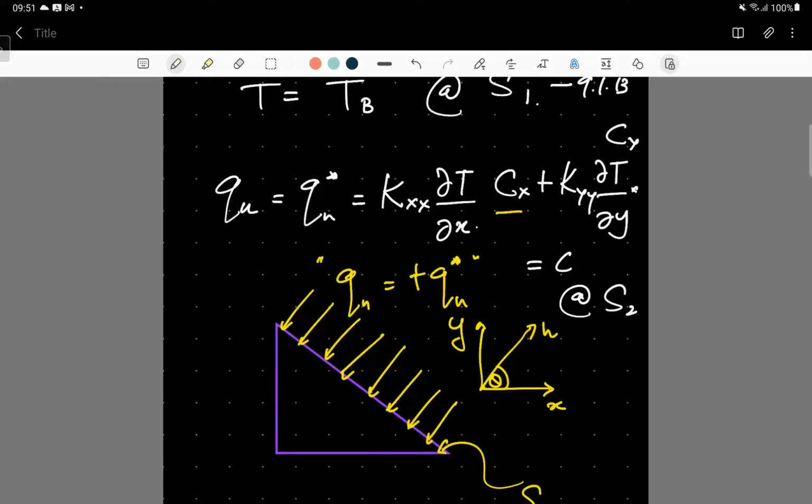The total flux acting on the S2 surface can be written in this way. This is something that comes up, of course, that we have to apply. There are surfaces which are oriented in the xy plane at a different angle, and we want to calculate the total flux when we consider 2-dimensional heat conduction problems.